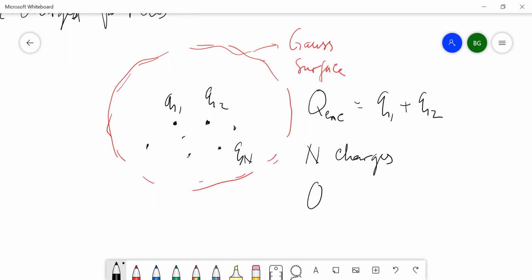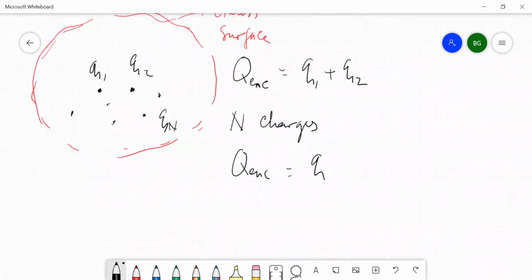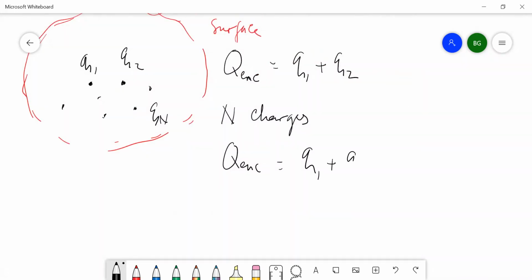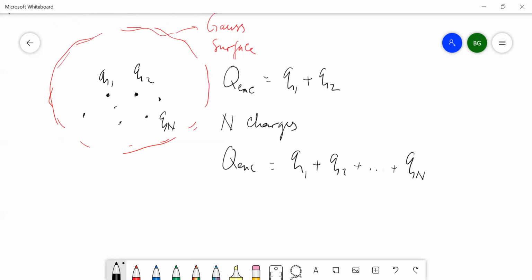It means that Q enclosed is the summation Q1, Q2, plus dot dot dot Qn. Okay? That means this enclosed. How many charges does the surface cover?